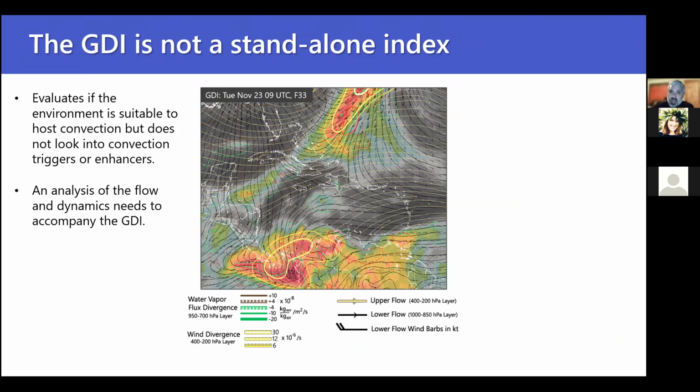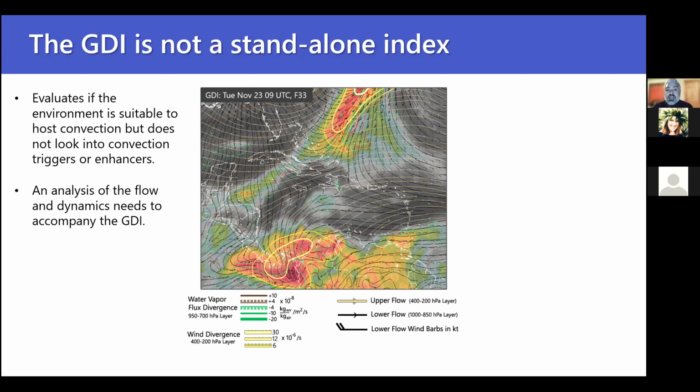That will help you to get a more detailed picture, but it is very, very important that you look into the dynamics, because you can have an environment that is really favorable for deep convection, but if you do not have a trigger that is going to trigger that convection or something that will enhance it, then it's hard to forecast. So you can say, oh, it may happen, but knowing whether you have this trigger or not would really give you an extra detail to the forecast that will be really useful to the user.